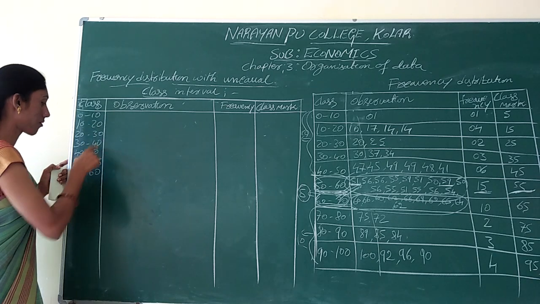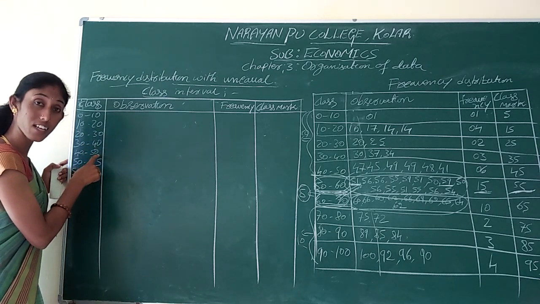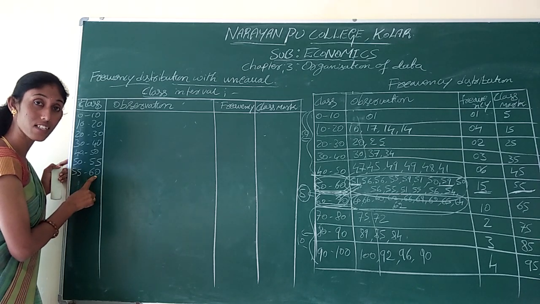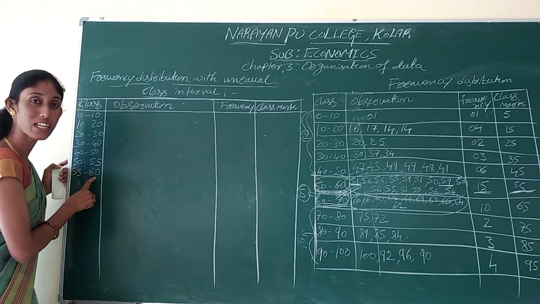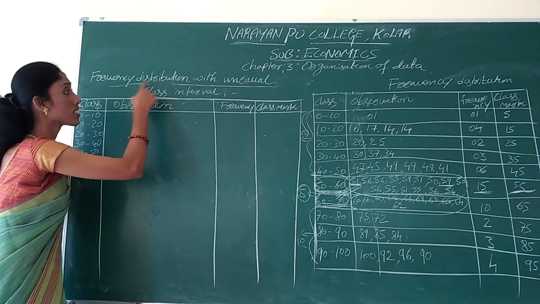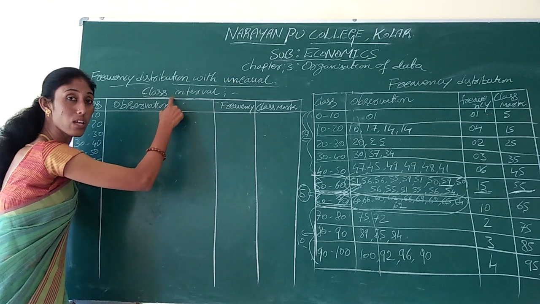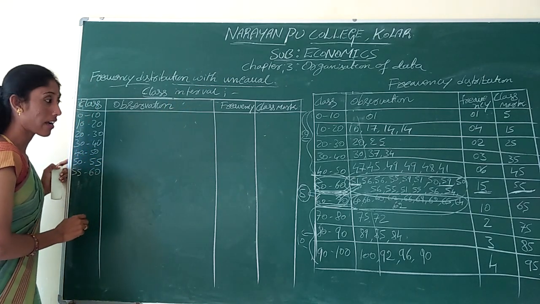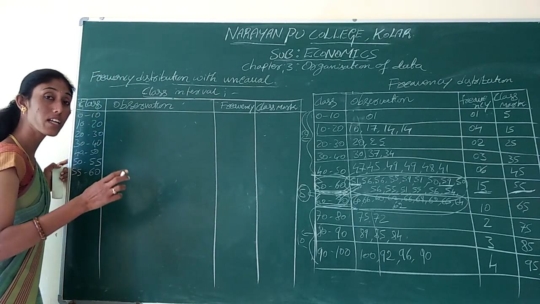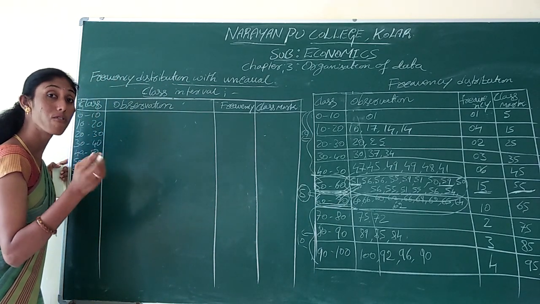Up to here we have 10 as a class interval, but in this class we are taking 5. This is what is called unequal class interval, frequency distribution with unequal class interval. And again the class 60 to 70 also we are converting from a class interval of 10 into 5.